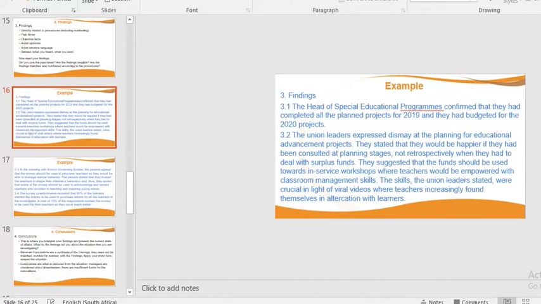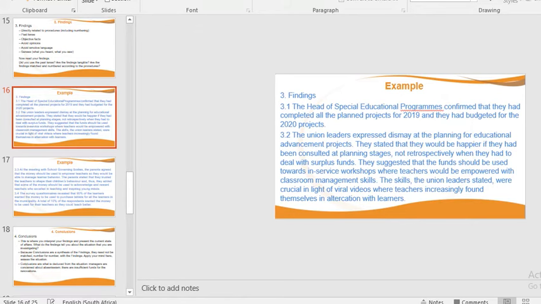Here we have the findings. The head of special educational programs confirmed that they had completed all the planned projects for 2019. Here you are giving the feedback of what you actually found. Now you are giving everything in detail. You see, the union leaders expressed dismay at the planning of the educational advancement project.